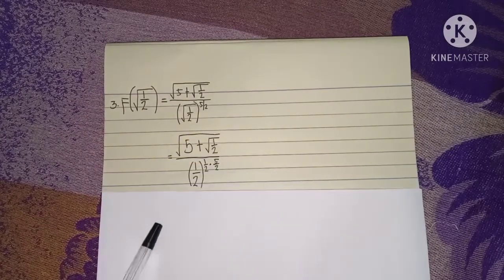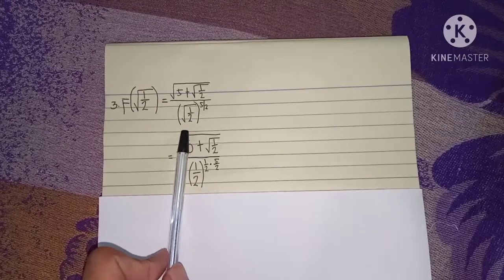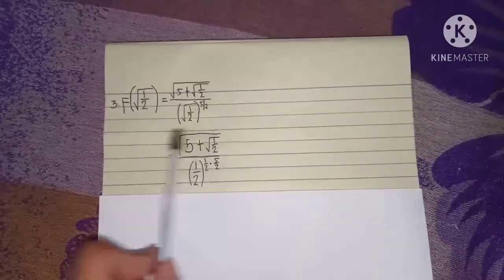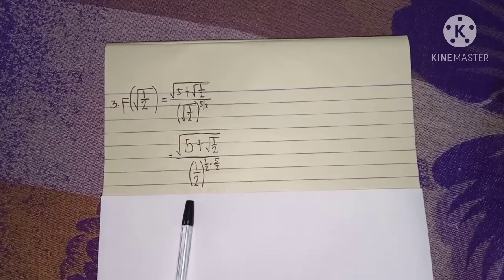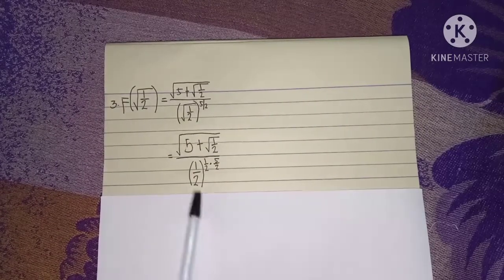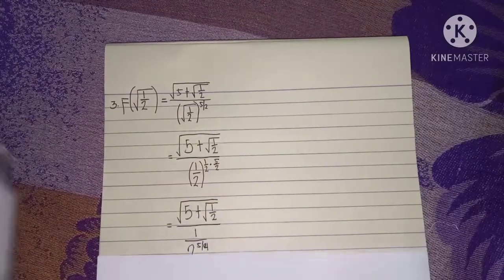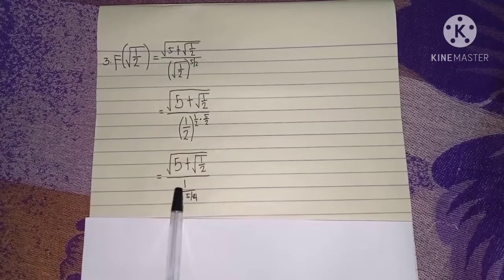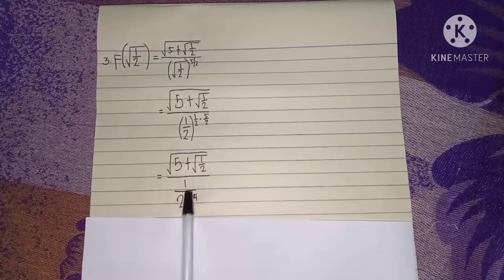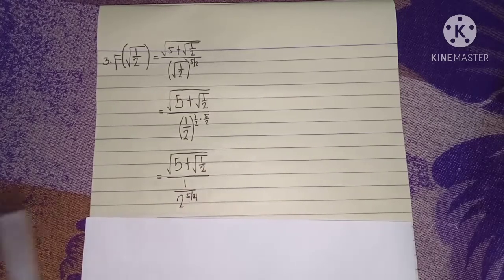So here it is, and in our denominator we just distribute the square root into 1/2 to simplify our forms. So here it is, we simplified our denominator, 1 over 2 raised to the power of 5/4.